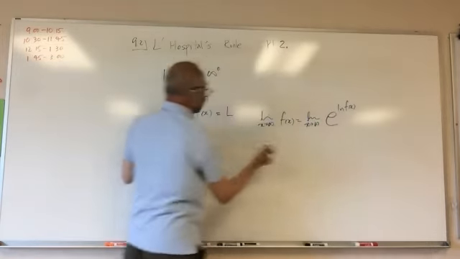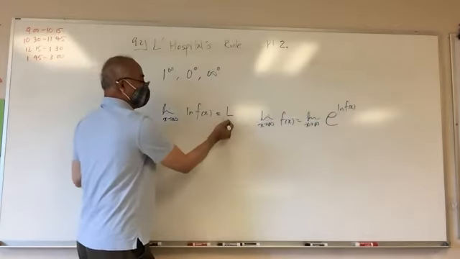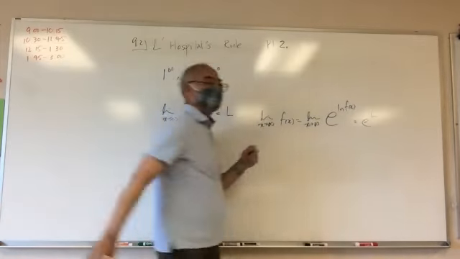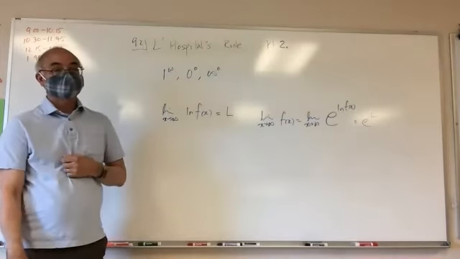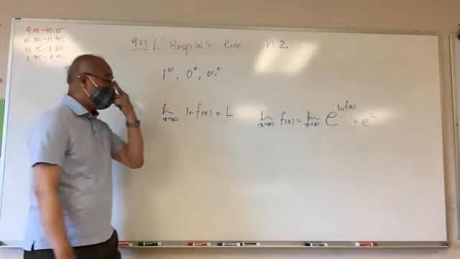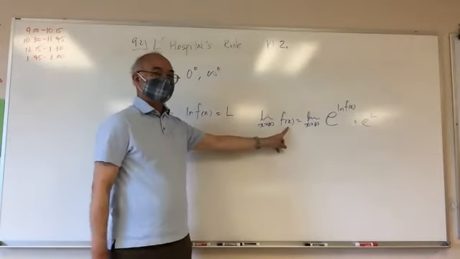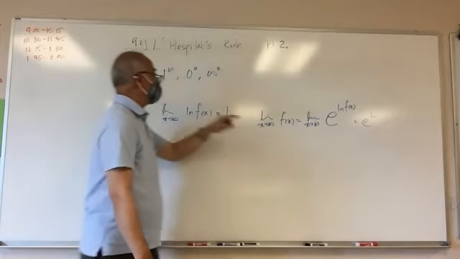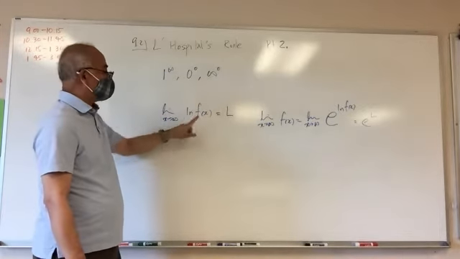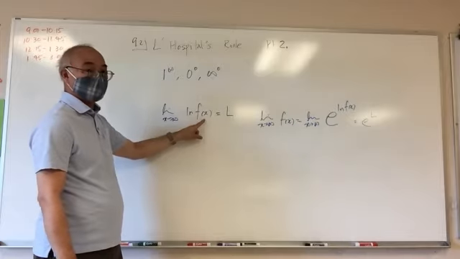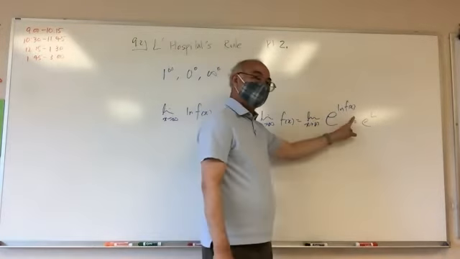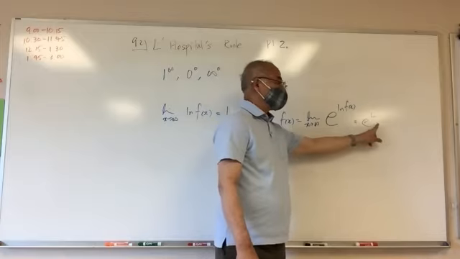I figured that out, and I found this is L. So this is going to be e to the L. Can you see that? So it's a roundabout way. We're trying to find this, but we can't find this because it's in this form. So what I'm going to find is the limit of the natural log of f of x. And then I'm going to put it in here and say it's e to the L.